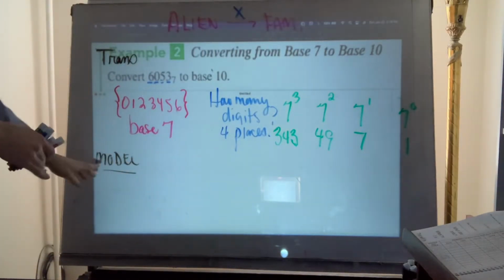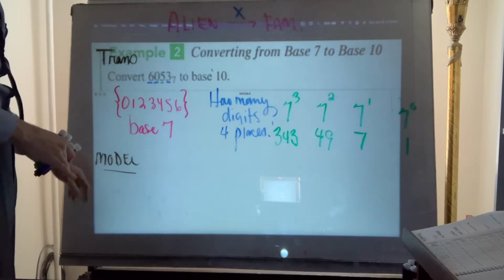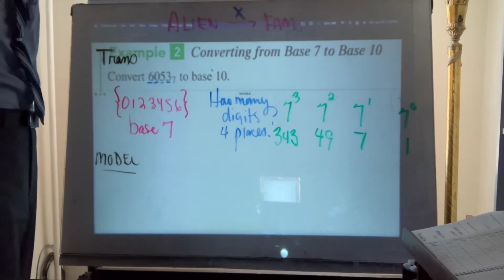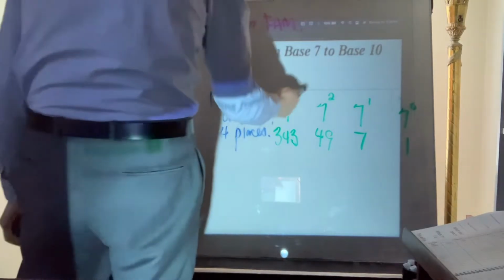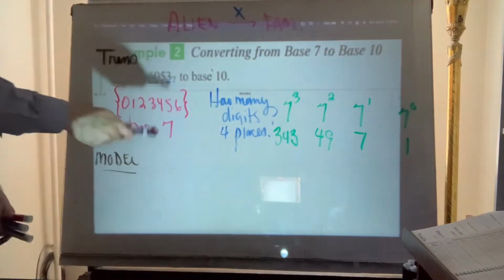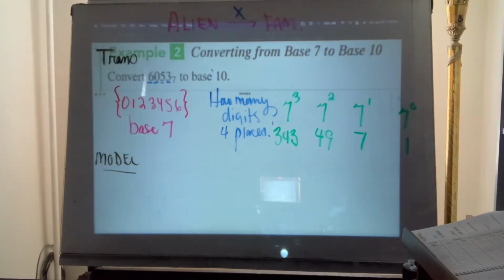Okay, so now we have to adapt a model. Again, alien to familiar, we're going to multiply a lot, but we're going to have to do 4 products that we will then sum together.